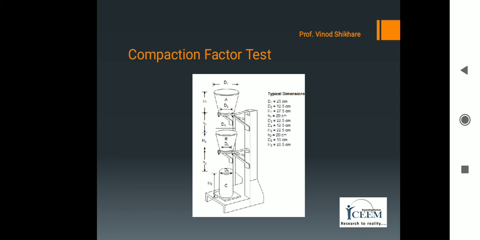Let the weight of the fully compacted concrete in the cylinder be capital W. Therefore, the compaction factor is equal to W dash by capital W, the ratio of W dash to capital W.